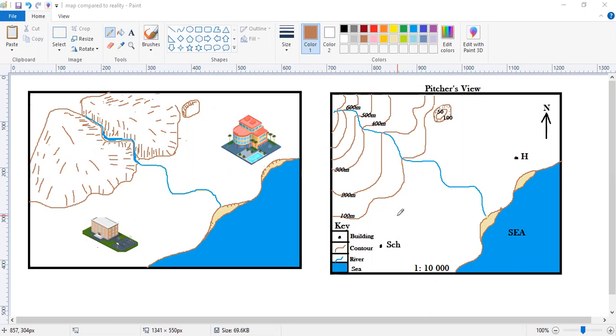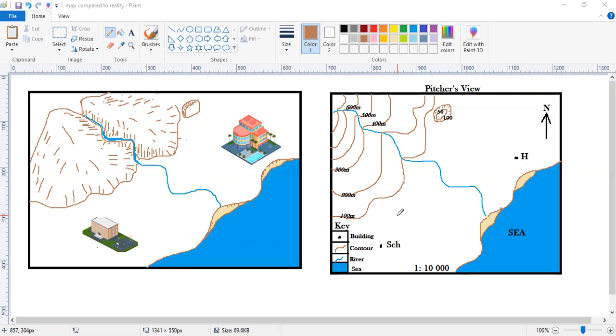It is symbolic, meaning symbols are used to represent real features. And maps contain certain important elements that help us to be able to better read and understand the maps.